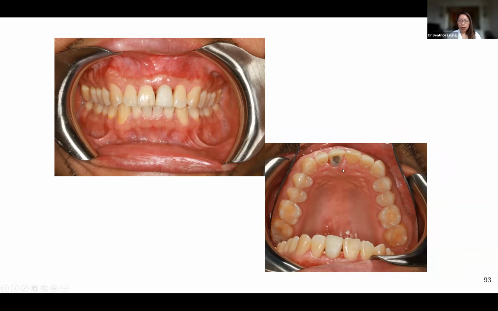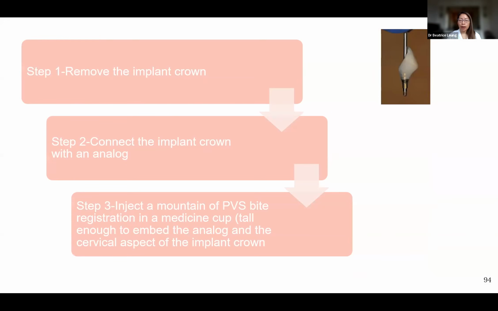So here you have a patient with a temporary crown already. The first step is to remove that temporary implant crown and connect it with an analog. Essentially, what you're trying to do is capture the gingival emergence profile of the temporary.